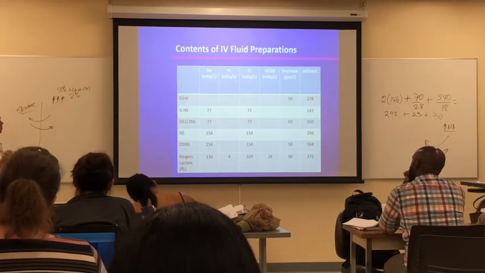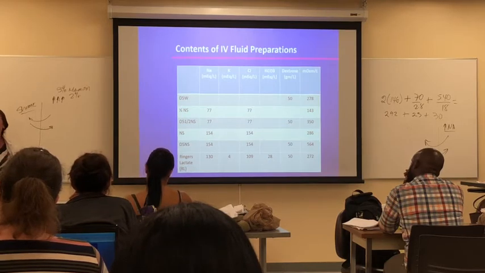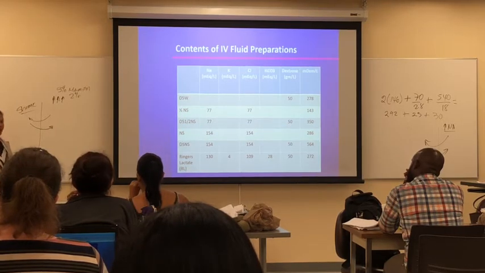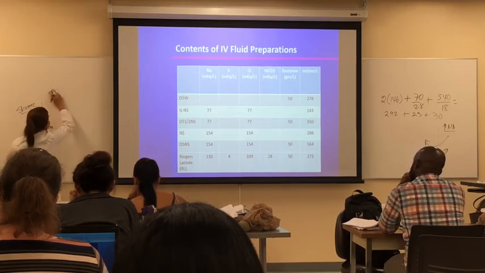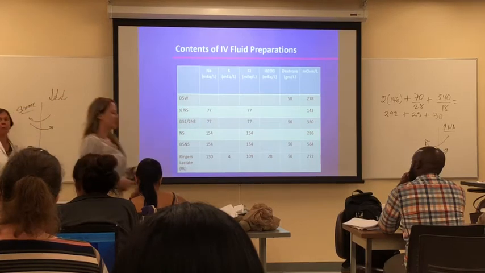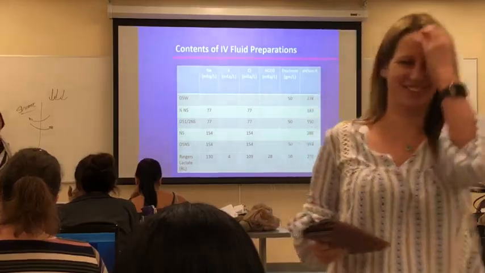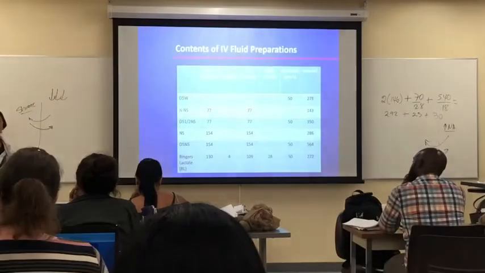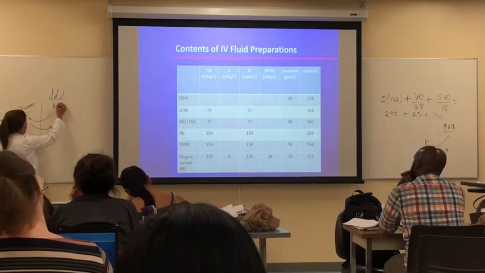Okay? But we also have another group of fluid that is called hypotonic fluid that does completely the opposite. If you have your sodium level decrease in the extracellular compartment by giving me half normal saline, a quarter of normal saline, or D5W, what's going to happen is that the sodium level decreases.